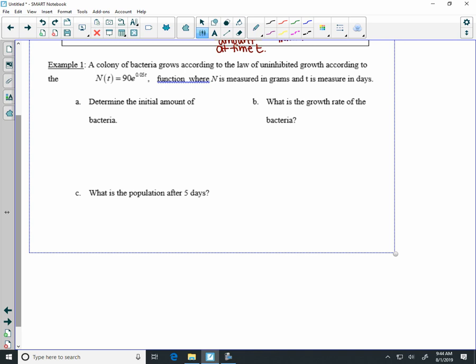So what is the initial amount of bacteria? Well, the initial amount, you can get one of two ways. It's 90, because it's in the initial amount spot. And here we're measured in grams. The other way you can get that is to put 0 in for t.